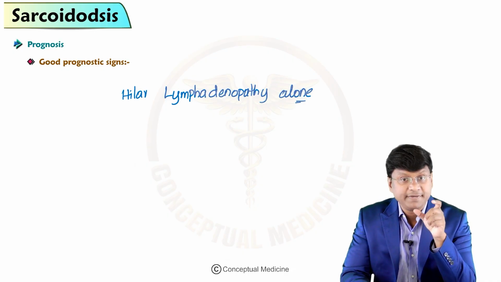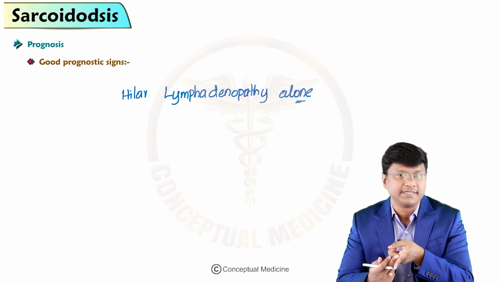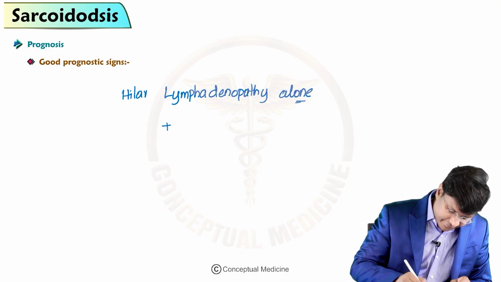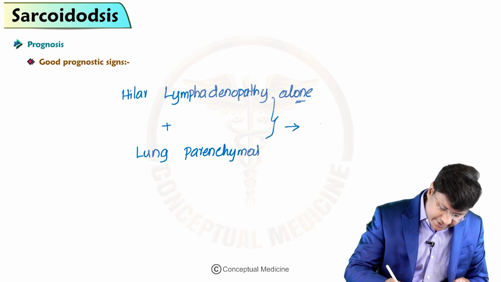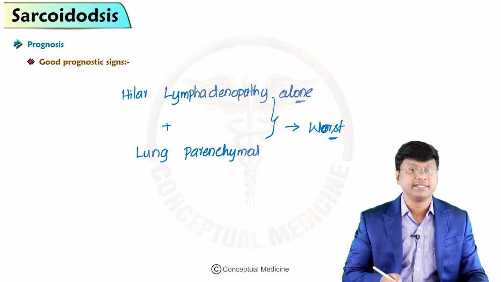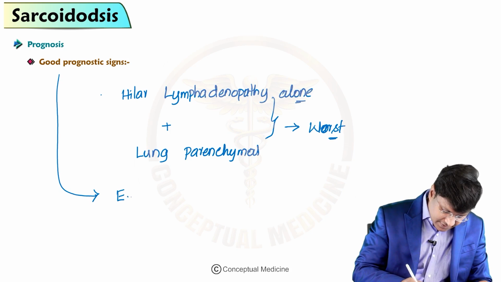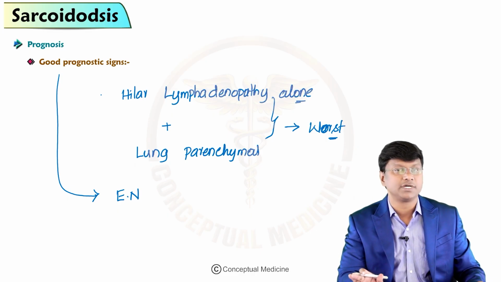But please remember, if there is also lung parenchymal involvement, then the prognosis is worse. Along with the hilar lymphadenopathy, if there is lung parenchymal involvement, which I have already said will be in the form of interstitial lung disease, then the outcome is not good. The individual has the worst prognosis. And another important good prognostic sign is presence of erythema nodosum. Erythema nodosum portends a good outcome.